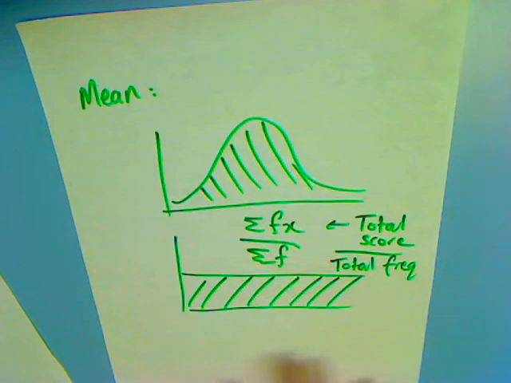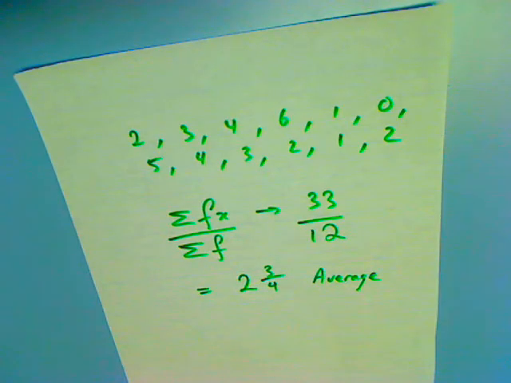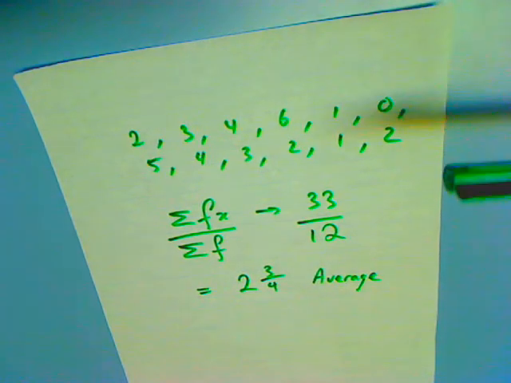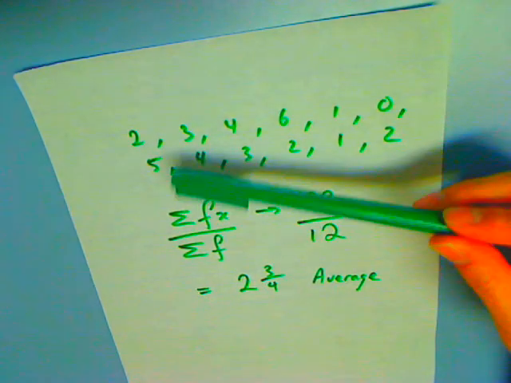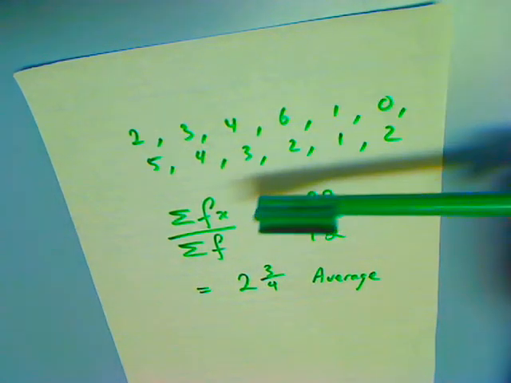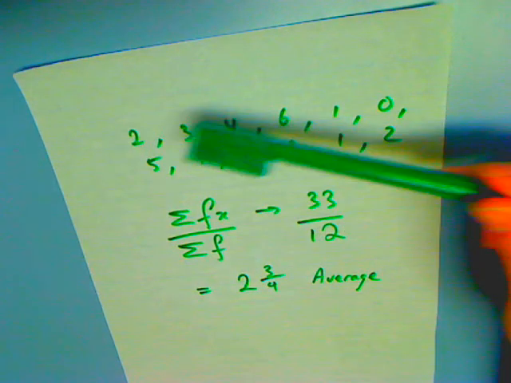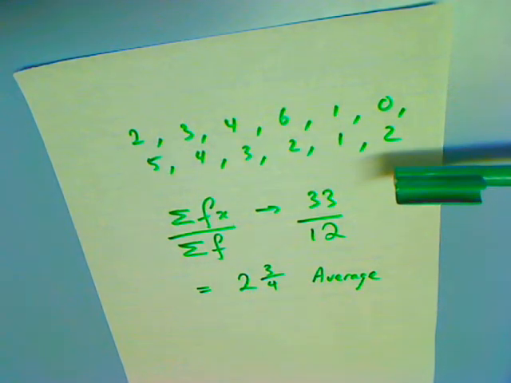So our first example was something to do with cars. So how many cars does the average family have? Well, some might have 2, 3, 4, 6, 1, 0. I list them all down, and again, in total, there are 33 cars, and that's just by adding each number up.